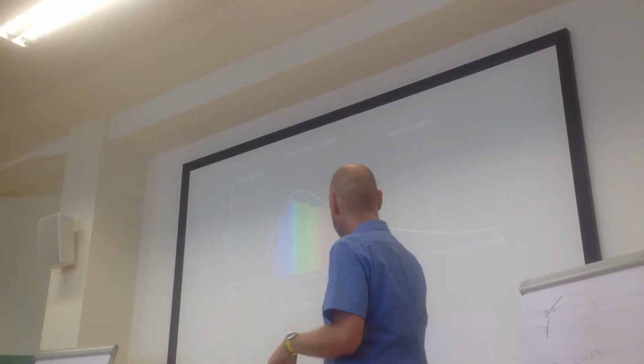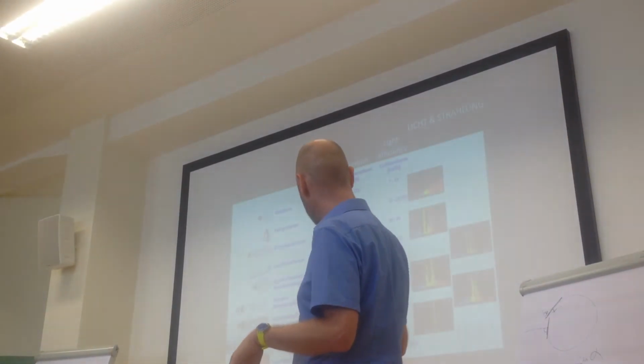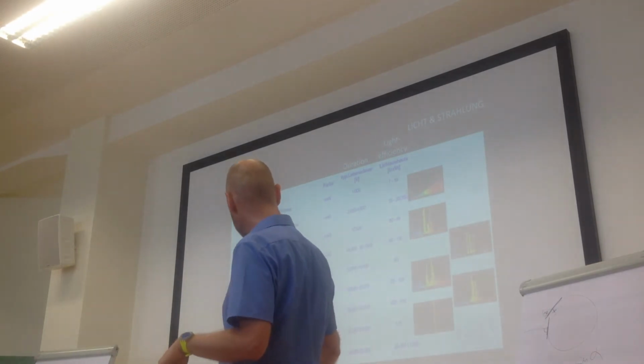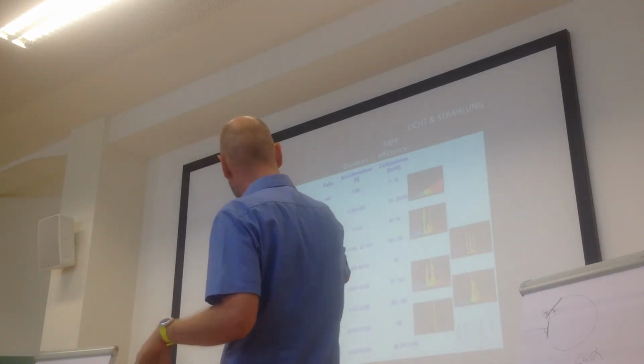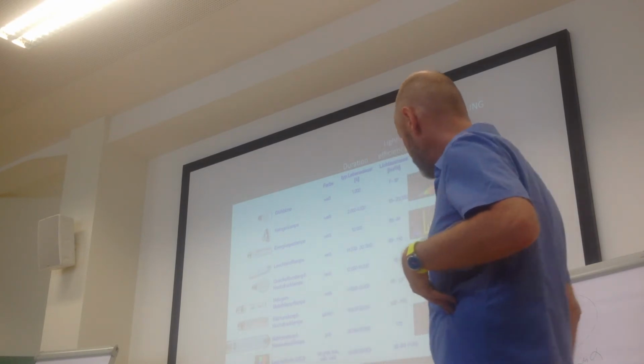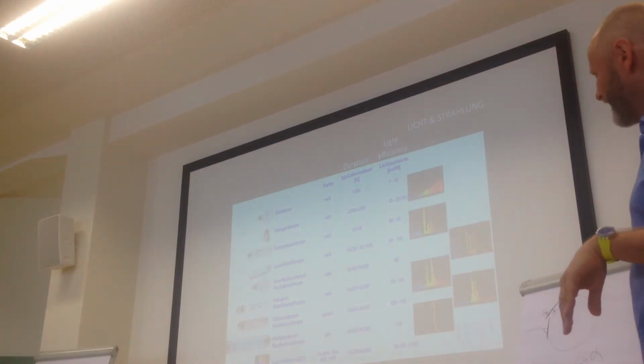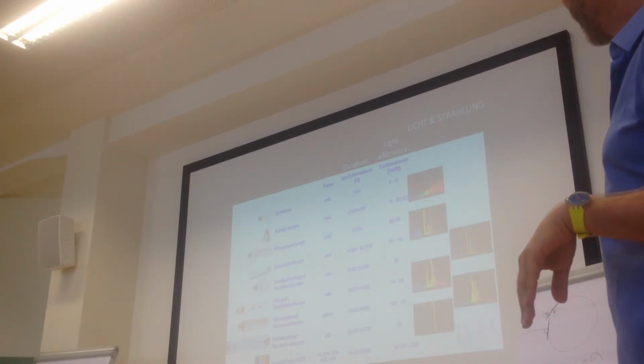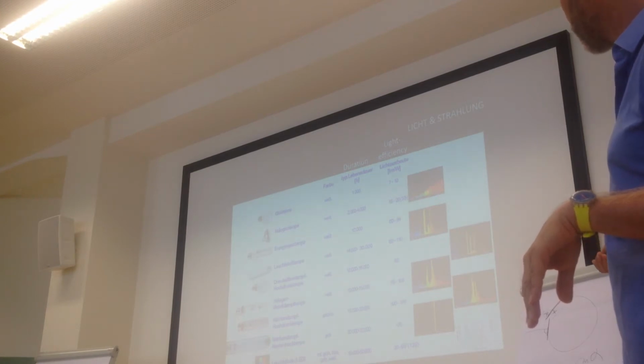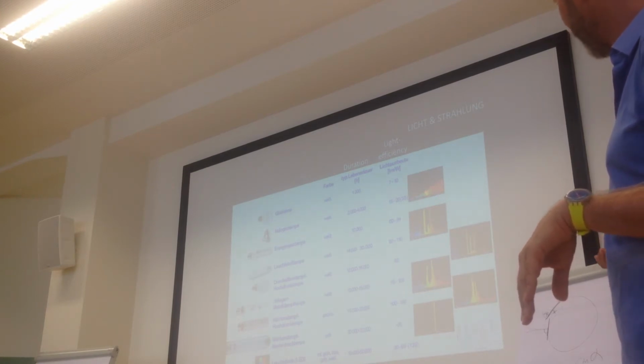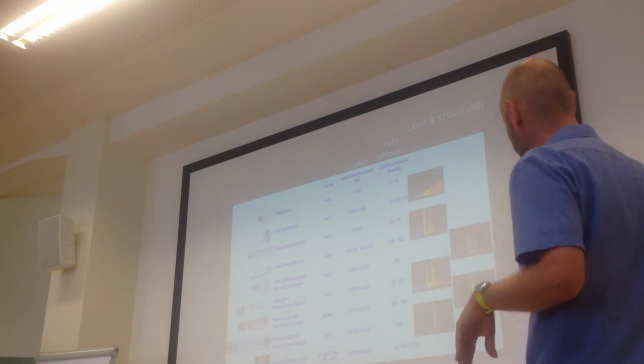Okay, so this was a little excursion to the artificial lighting systems. You have again here a list of different lamp types, and as well an illustration of the spectrum that they are emitting.